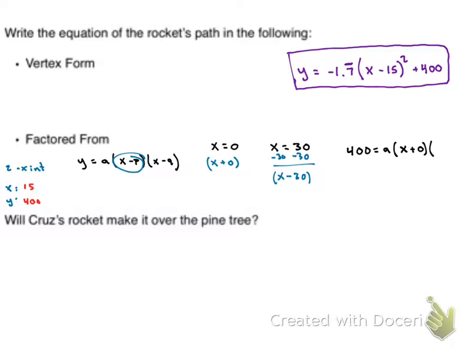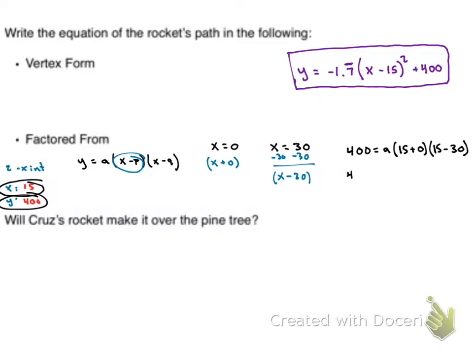At this point, you could just leave that x. You don't have to make it x plus 0, but for the sake of consistency. And then one thing I didn't do here, replace our x's with 15, because my x was 15 and my y was 400.